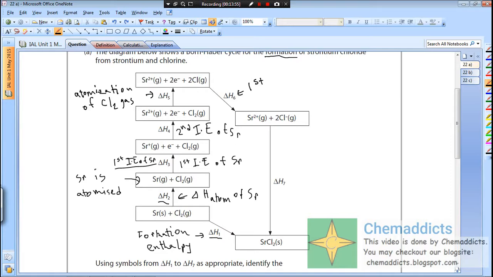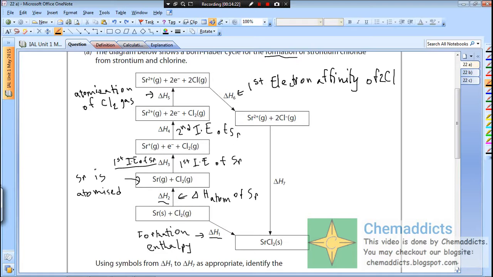This should not be confused with the second ionization energy. Some students might write this as first electron affinity plus second electron affinity, but no, this should be the first electron affinity of chlorine gas. So why should this be only the first electron affinity of chlorine?